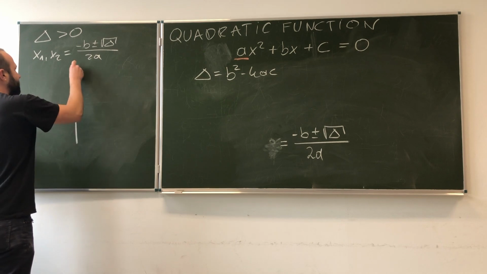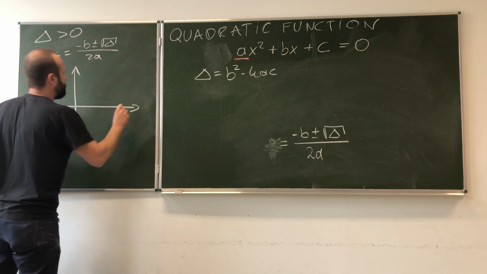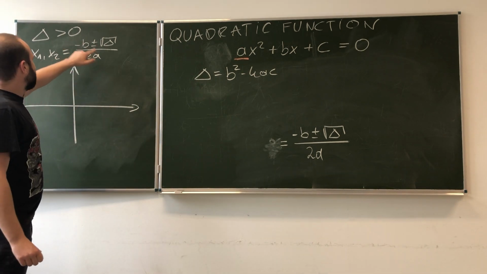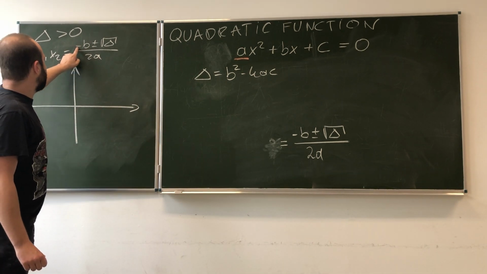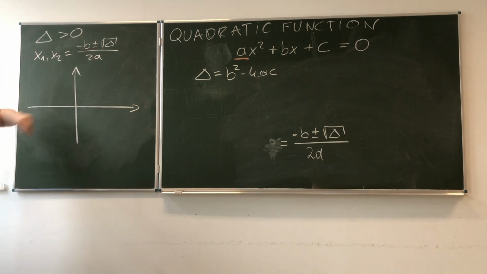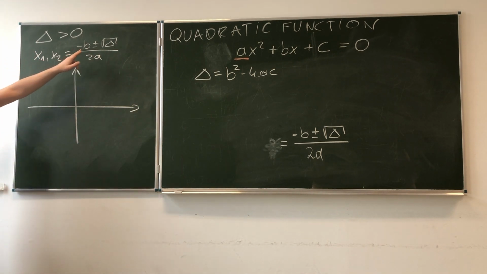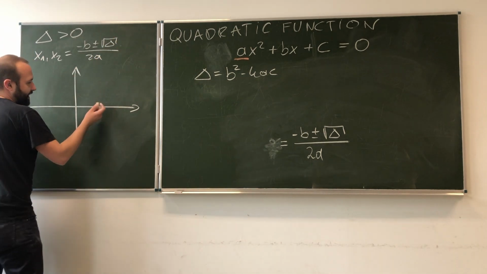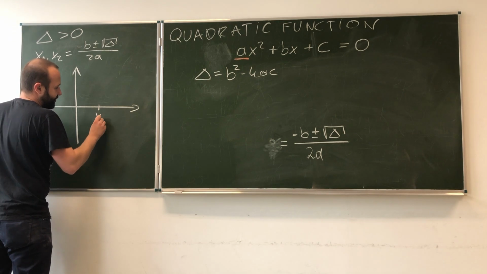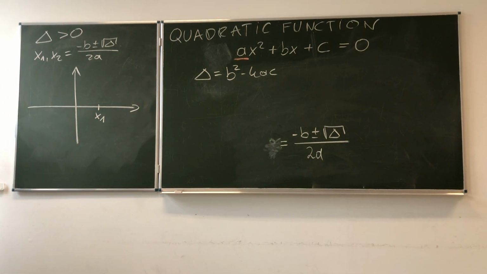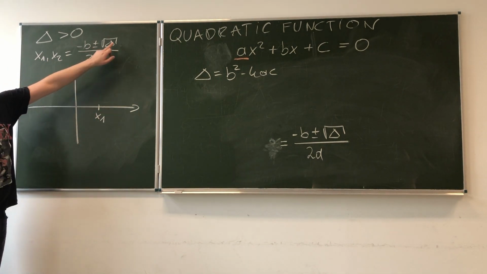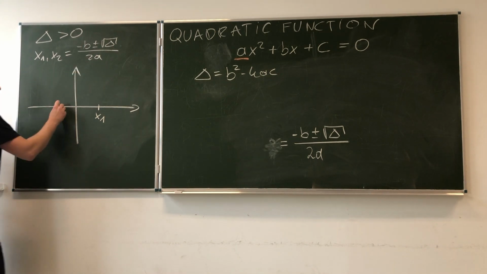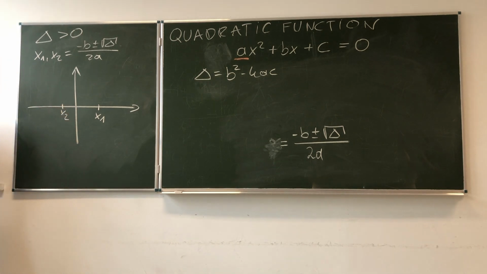Okay, let me show you this with an example. Now, let's just say that I calculated negative b over 2a. I got it. Now, look, from this number, first I need to add a positive number. So we will have some x1, let's just say, over here. And then I need to subtract positive number. So I will have x2 somewhere over here.